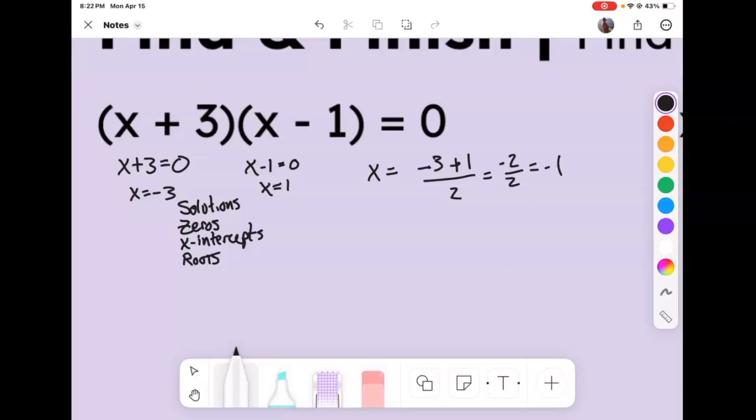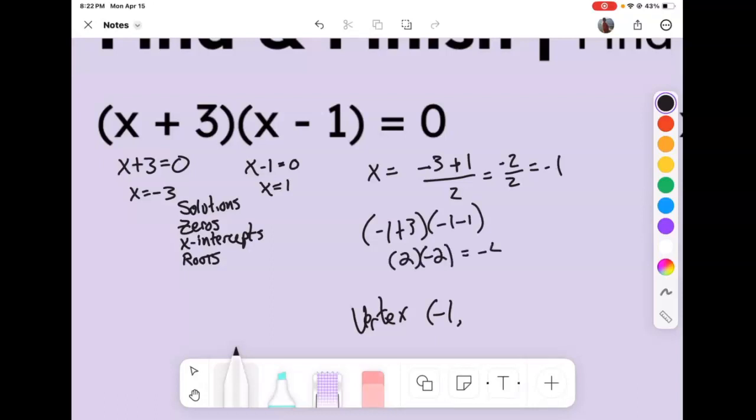So that tells me that the x value for my vertex is negative 1, and then I plug in negative 1 into the problem and I simplify. So when I do that, I would get 2 times negative 2, which is negative 4, so my vertex is at negative 1, negative 4. And that's how we can find both of the solutions and the vertex from factored form.